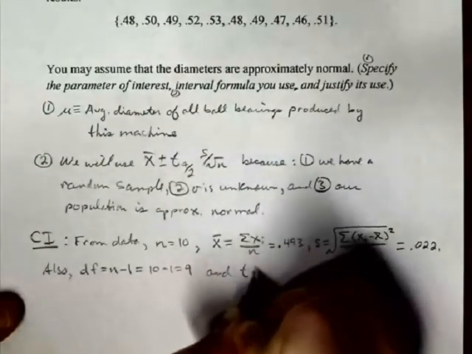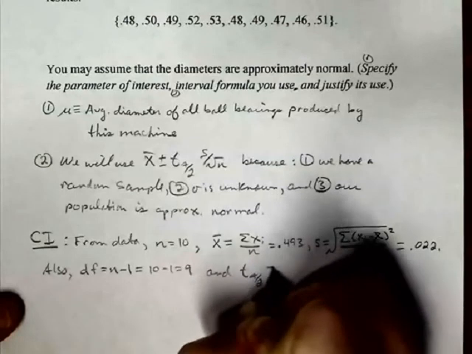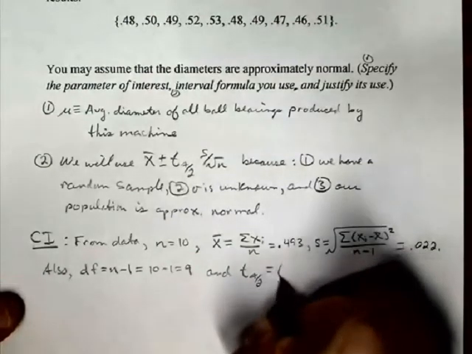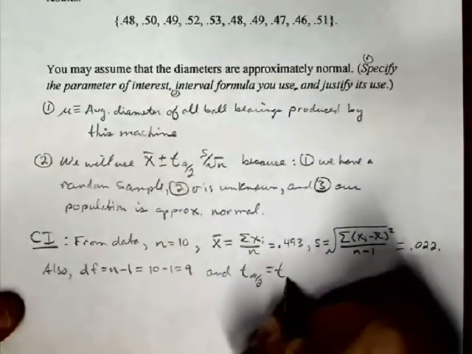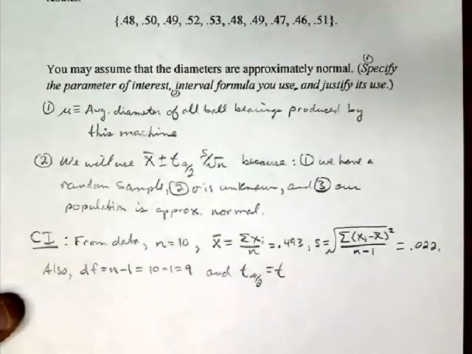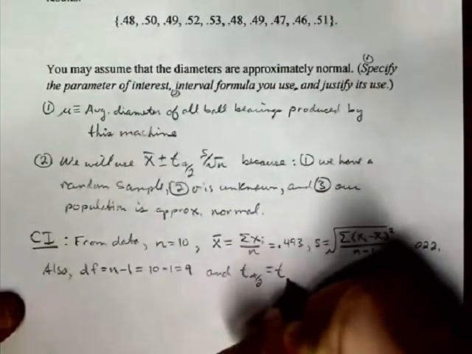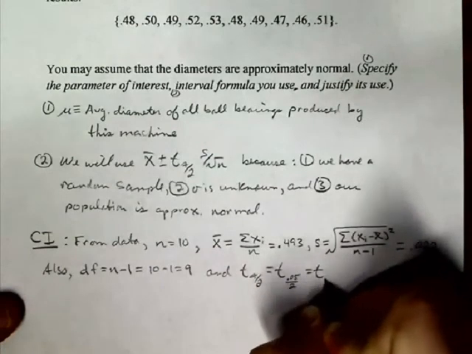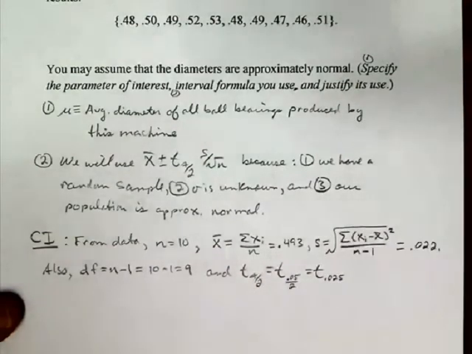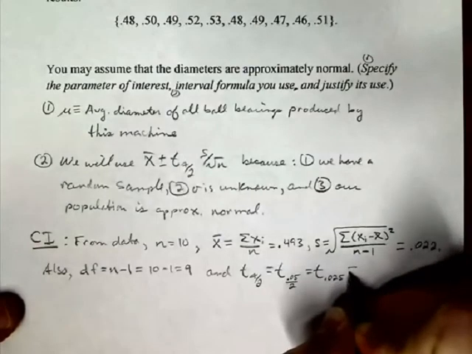And what about t sub alpha over 2 then? Alpha in this case is 0.05 because I've got a 95% confidence interval. So I'm looking for t sub 0.025 with 9 degrees of freedom.